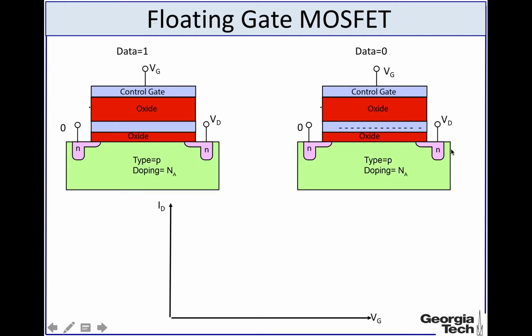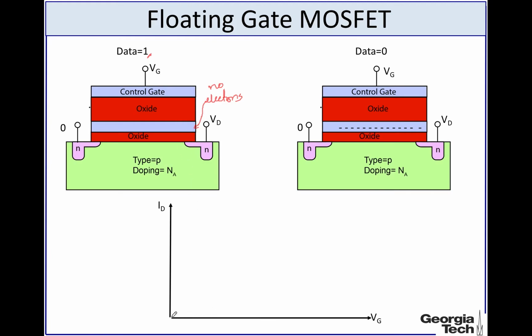Alright, so let's look a little bit deeper into how a floating gate MOSFET works. Let's first look at the case when the floating gate MOSFET holds a data value of 1. In this case there are no electrons in this floating gate, and it will just work like a regular MOSFET.